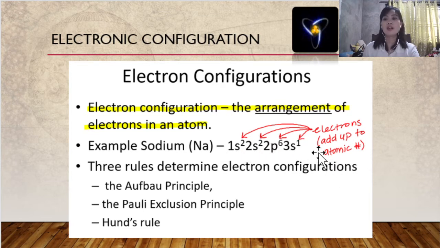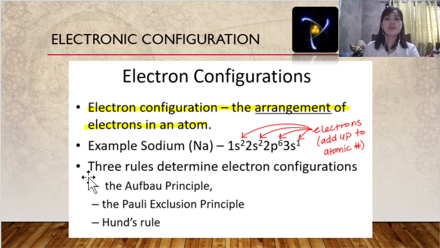These are our electrons, and if you add them all up, it will come up with 11. An element with atomic number 11, or 11 electrons, is known as sodium. So with the electron configuration, we can tell what chemical element it is.